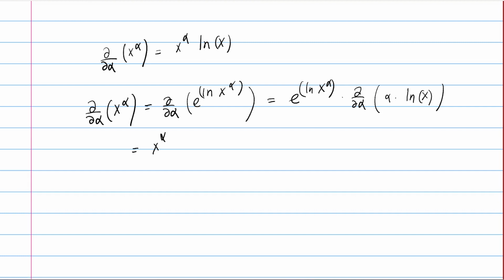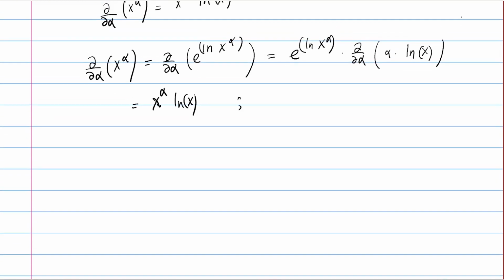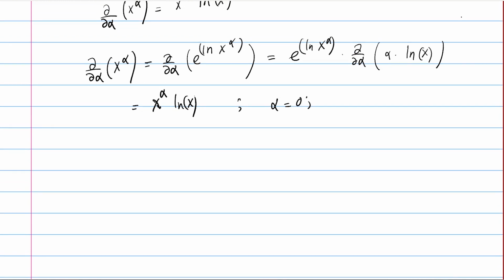Partial alpha of alpha times ln x is just ln x. So we can see that for alpha equal to 0, this term would give us the desired integrand.